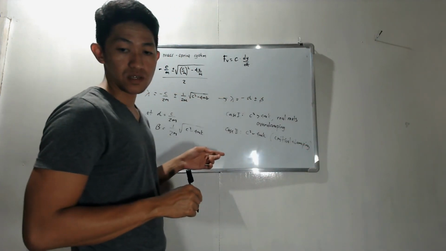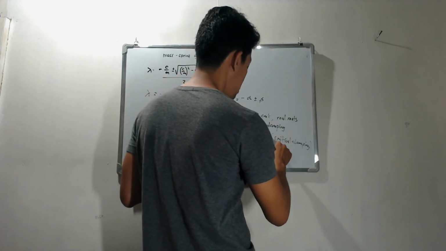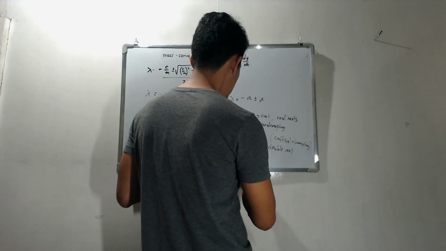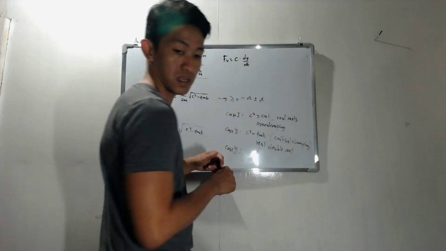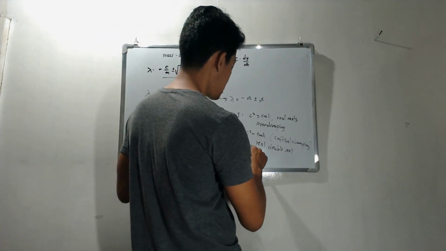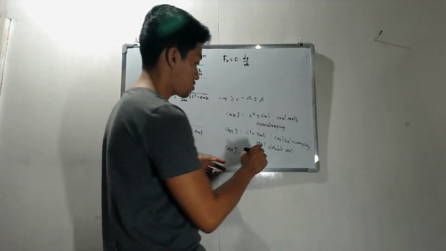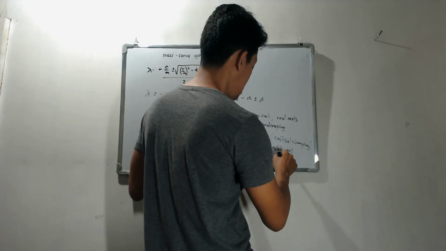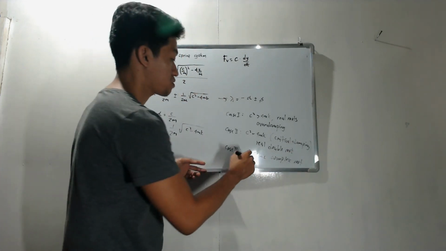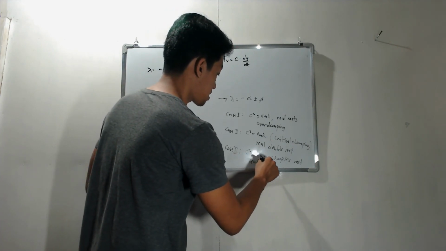The roots you get here is a real double root. Case 3: when c squared is less than 4mk, you get complex roots, which we call underdamping.